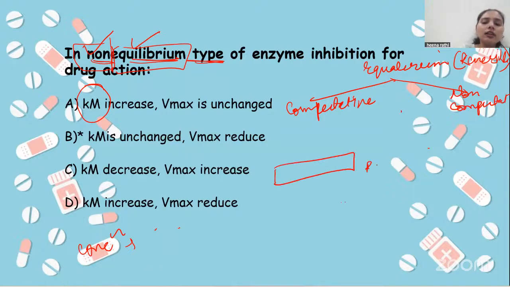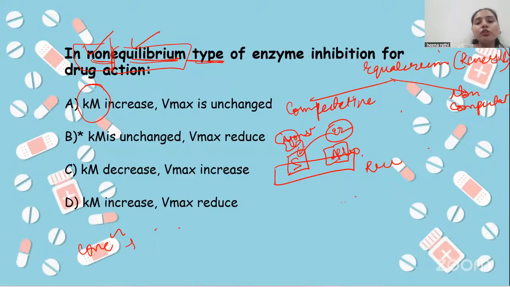Whenever there is the receptor site, two types of sites are available. First is the substrate binding site, second is the allosteric site. When the substrate is coming, the inhibitor is going to compete with the substrate for the same binding site, right? That is the competitive type.